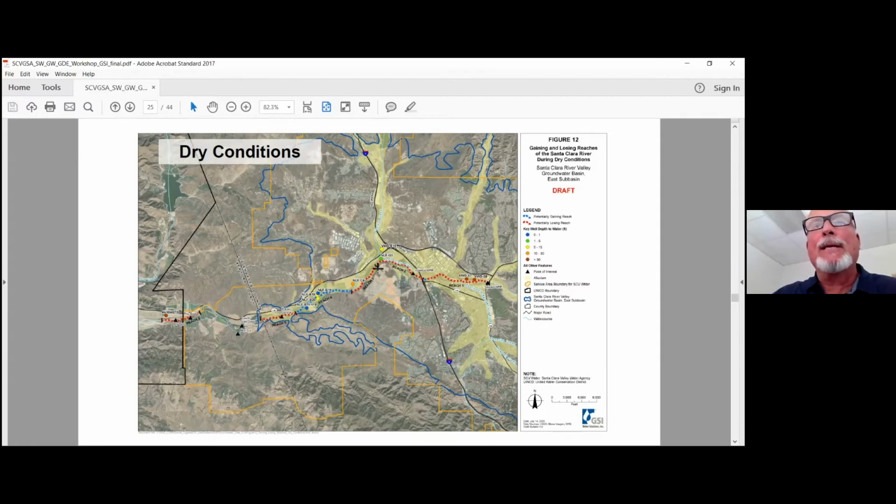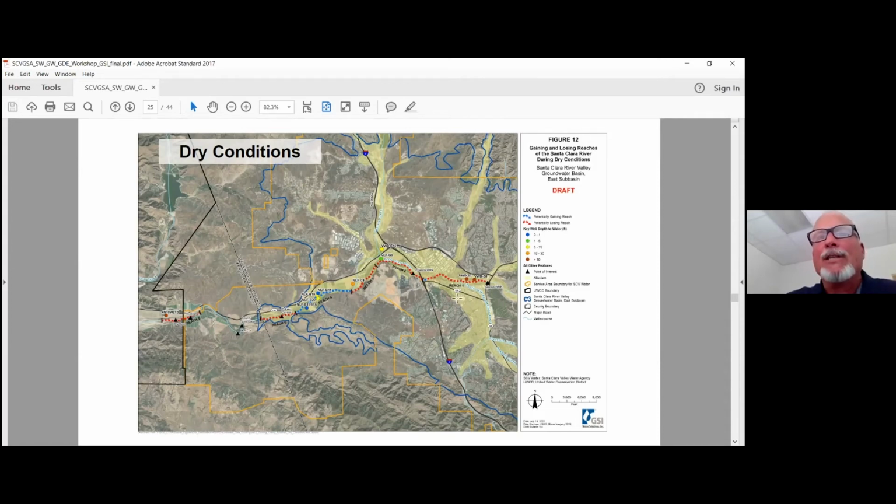Then it quickly becomes a losing reach until we get down in this part of the basin, in the vicinity where it shows blue, where it appears that the Saugus Formation is discharging to the river and supporting the water levels in this area. And then during dry conditions, again, we see that both of these reaches, Reach 5 and Reach 6, are predominantly losing.